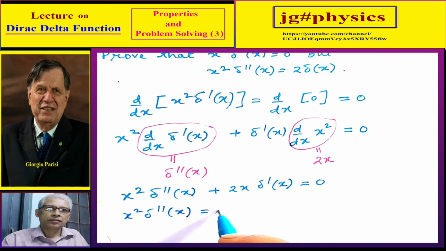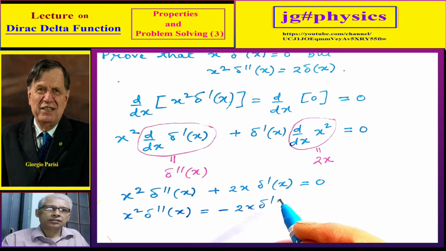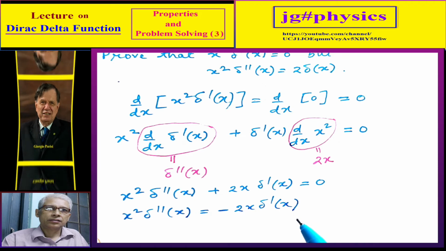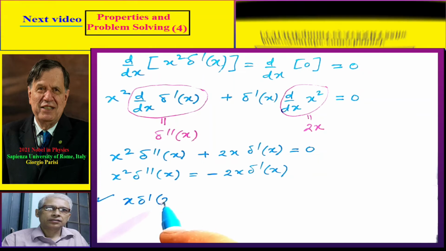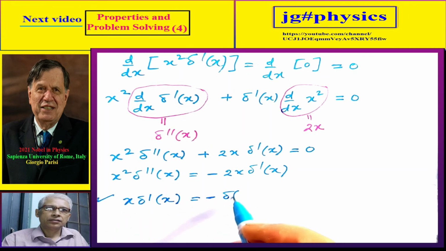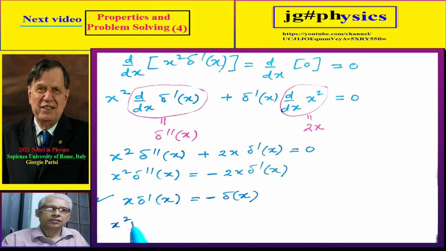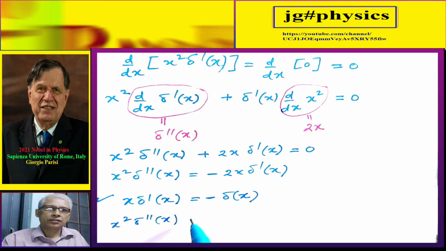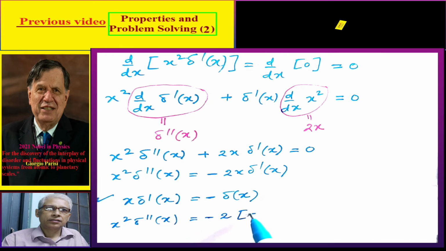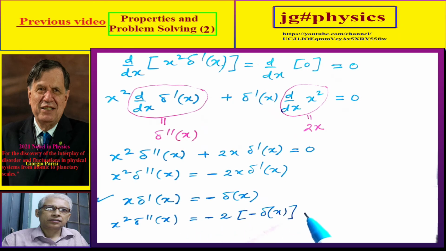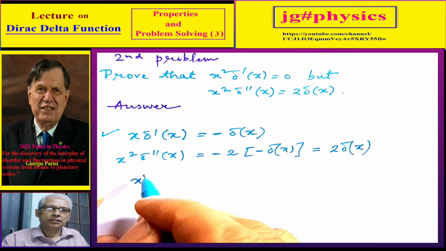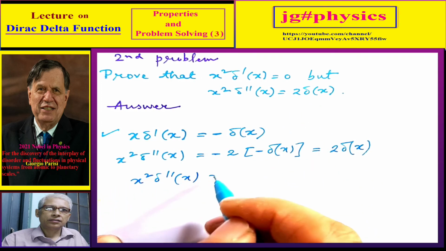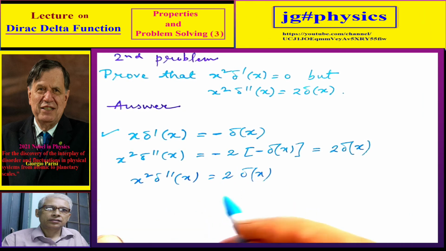Rearranging, we get, now let us use the relation that we earlier got, x delta prime of x equal to minus of delta x, and therefore we end up with x square delta double prime of x equal to minus 2 into minus of delta x. Minus minus cancels out, and therefore we end up with twice delta x. So the second relation, namely x square delta double prime of x equal to twice delta x, is proved.